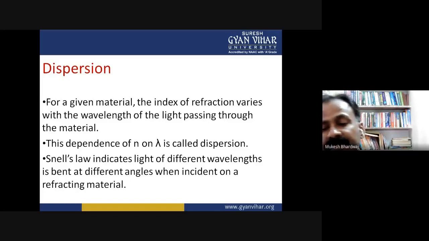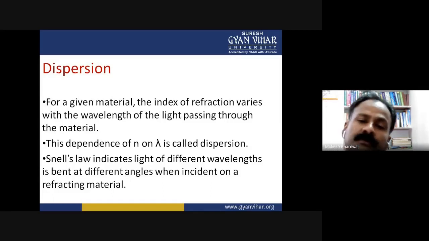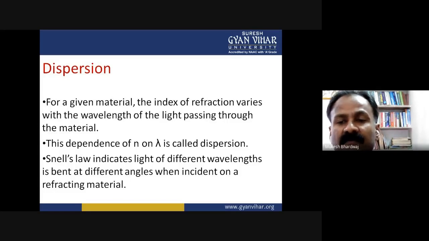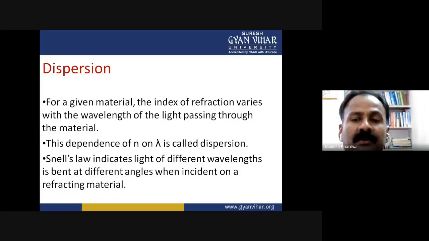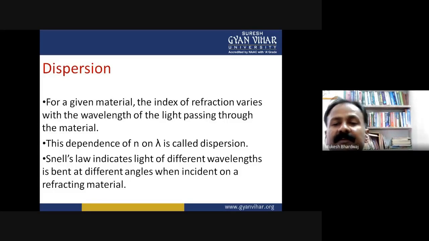So at the symmetrical placement there will be two images, and if the placement is unsymmetrical, then there will be three images. So this is a small review about the reflection of light at plane surfaces. Now, refraction at plane surfaces.